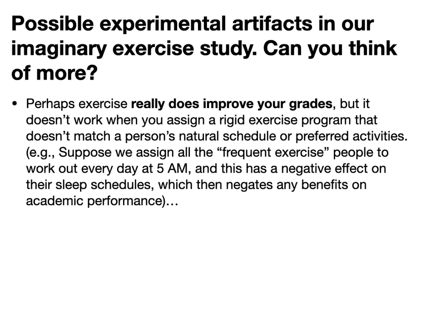Well, maybe for most university students, this means that you're getting very little sleep, and then it negates any positive benefits of doing the exercise program. And so maybe exercise really does work, but in this experimental design, we would not find any positive effect because we are creating other negative effects with our prescribed program.